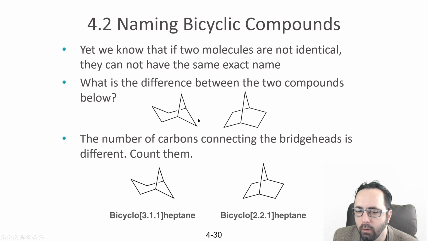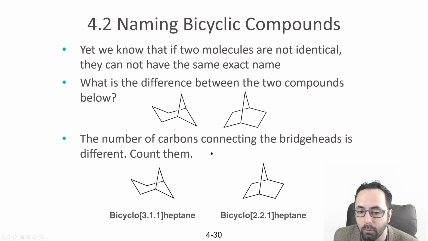However, notice that on this side, there are 2 carbons that go between the bridgeheads, the bridge, whereas here, there's only 1. And so these are 2 different compounds, and they must have different names, okay?